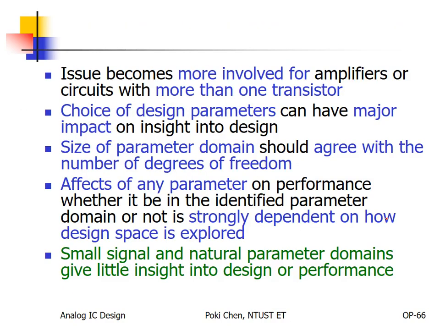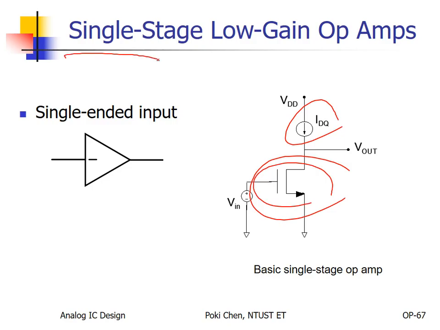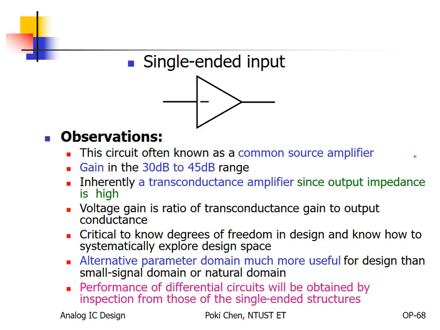Anyway, let's go back to the real world. Without automatic optimization, who cares what kind of parameters you will use? We will go to the bottom to design the overall circuit with good enough I bias, with good enough W over L. That is for a single stage low gain amplifier. It looks like this, the fundamental structure.